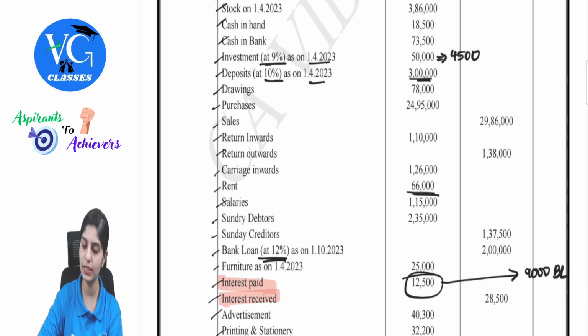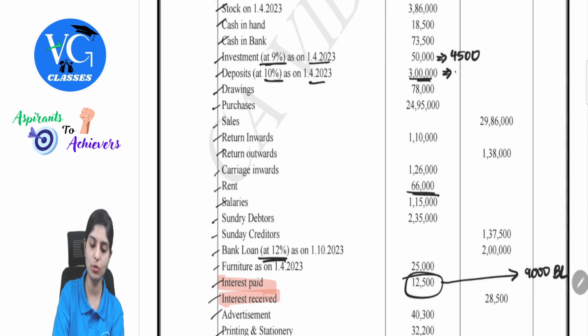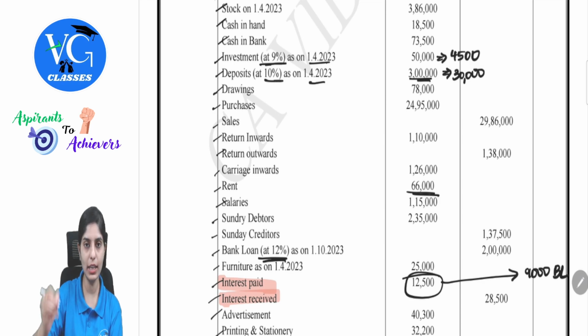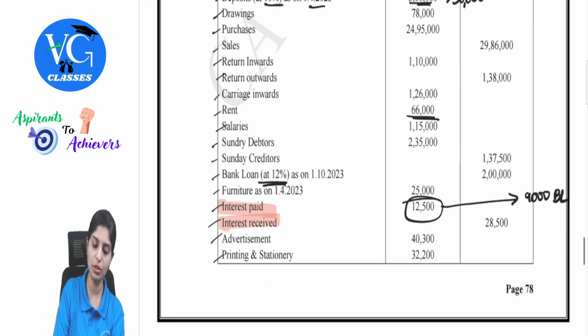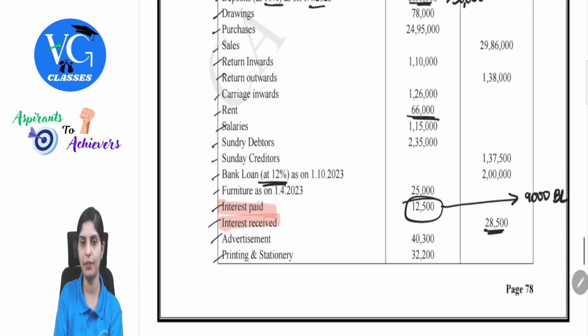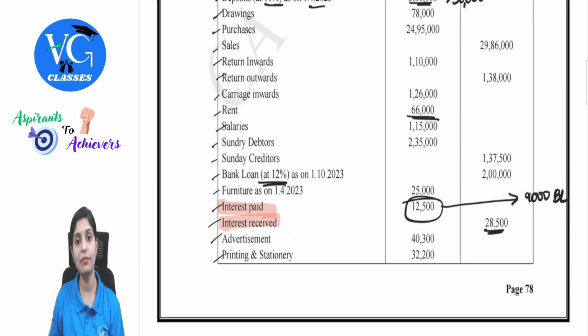This is also from 1st April full year, 30,000. Now total, 30,000 plus 4,500, the total interest I was supposed to receive was 34,500. But how much have I actually received? Only 28,500. So there is a shortfall which belongs to the current year income. So that will be recorded. Since this is an income, this will be receivable, so it will also be shown as an asset.